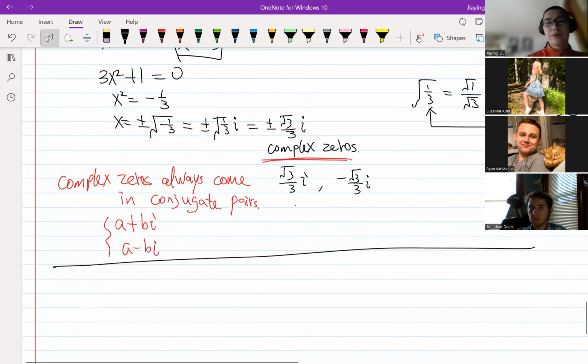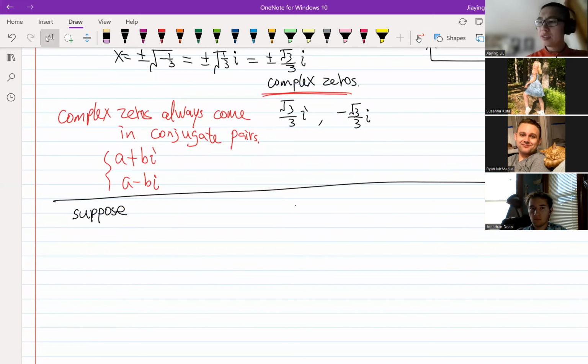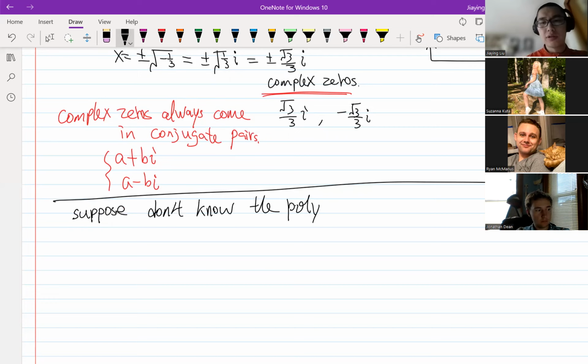So the next example is, suppose we don't know the polynomial function, but we know the roots.